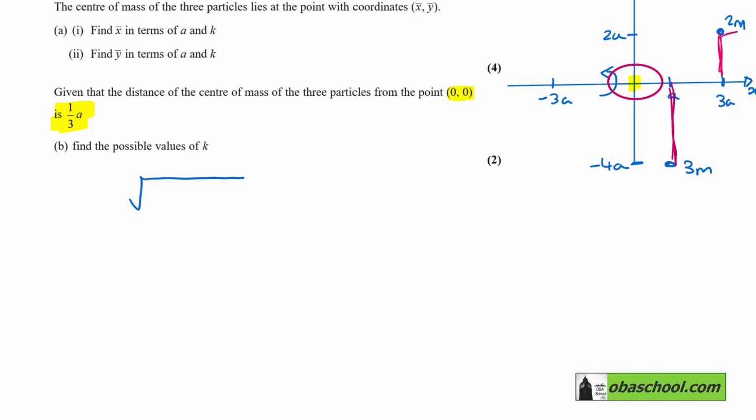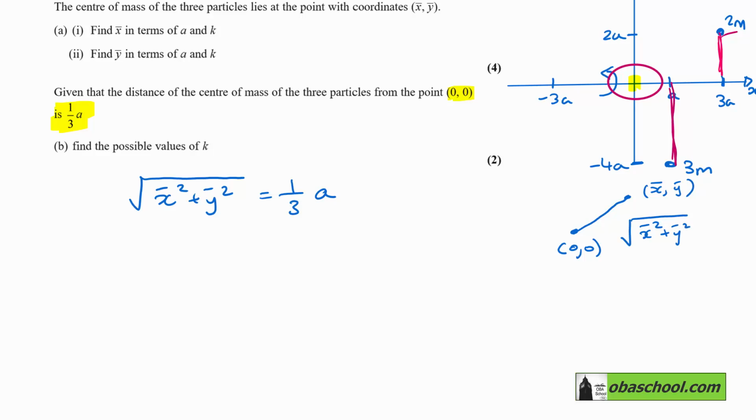So the square root of x bar squared plus y bar squared must be equal to one third a. Remember that the distance from (0, 0) to (x bar, y bar) is just the square root of x bar squared plus y bar squared.